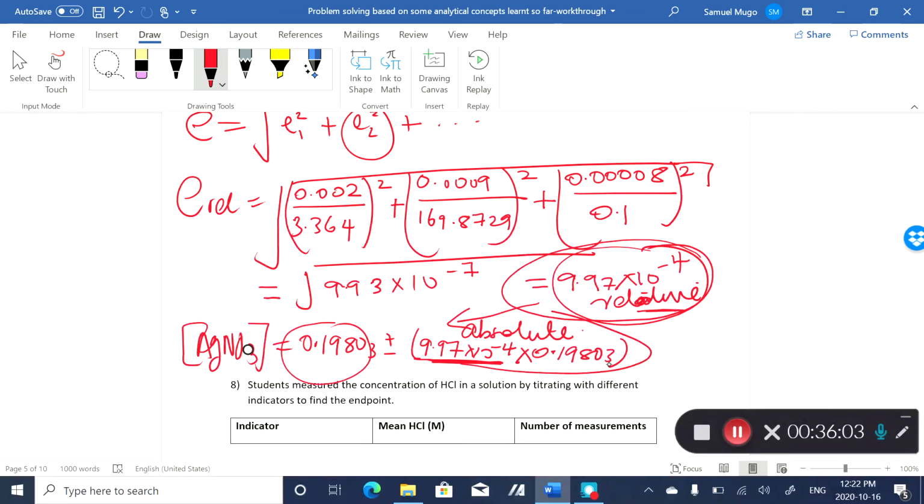And now whatever you get here is absolute uncertainty, and it's gonna be in molar concentration, the same as your concentration that you calculated. And so when you do that, you're gonna find this plus or minus 0.0002 molar concentration. All right.